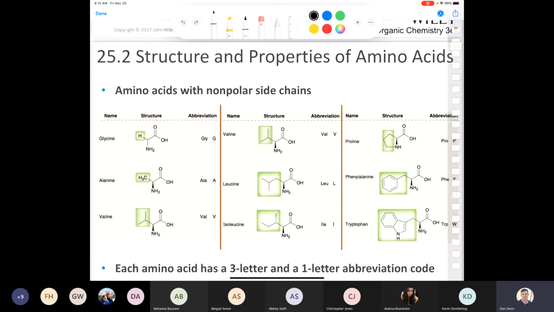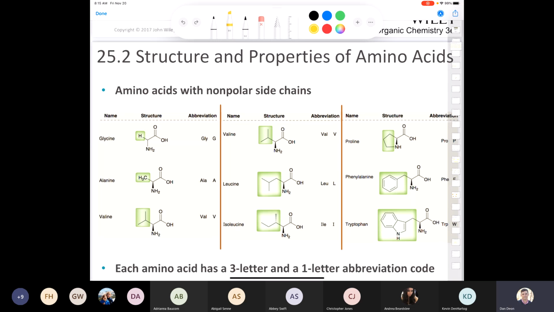Something else you notice here at the bottom is that each one of the 20 naturally occurring amino acids has a name, and there's only 9 of them on this page. For example, alanine, we looked at it on the last slide. Not only does it have a name, but it's got a 3-letter abbreviation and it's got a 1-letter abbreviation, right? 20 naturally occurring amino acids and 26 letters in the alphabet. So we have enough letters.